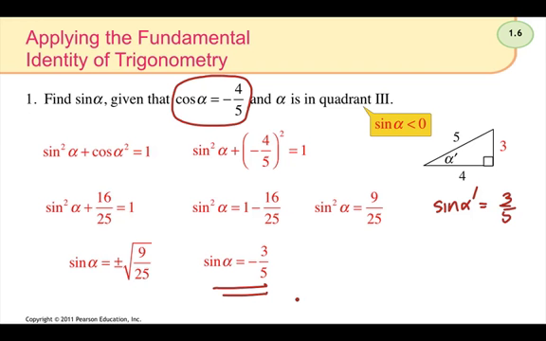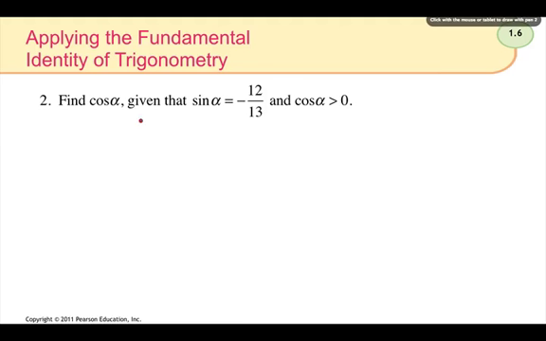Let's go to number 2. It says find cosine of alpha, given that sine of alpha is equal to negative 12/13 and cosine is positive. At this point, I can basically just do the problem because they're telling me that cosine of alpha is positive. But just a quick review of figure 6.1: this information is telling me that alpha is in quadrant 4. So from here, I apply the Pythagorean identity just like number 1.